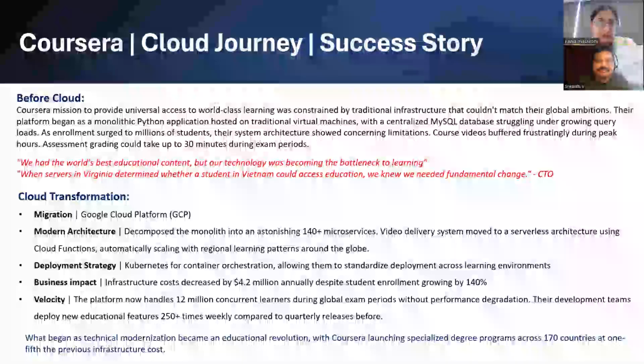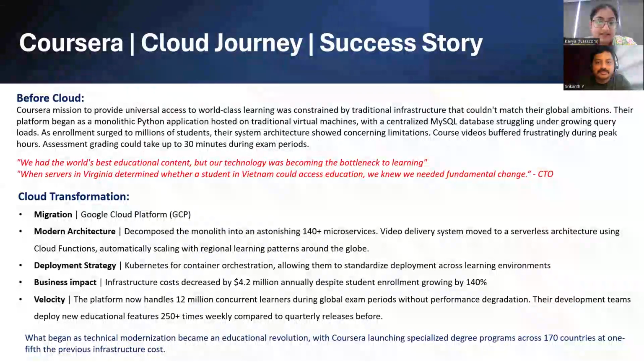No problem, Srikanth. Hope you're okay. Yeah, I'm okay. Can you still see my screen? Yes, yes. Okay.